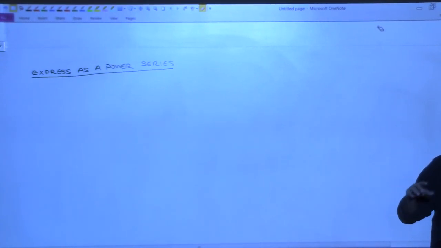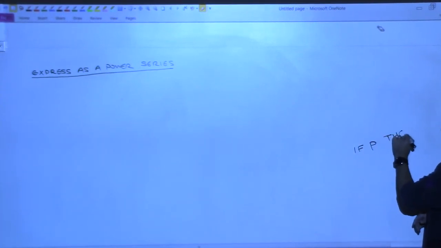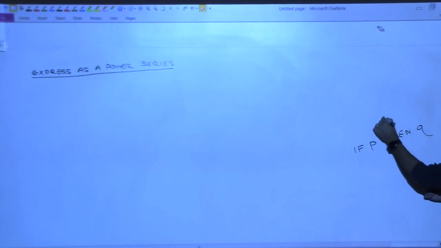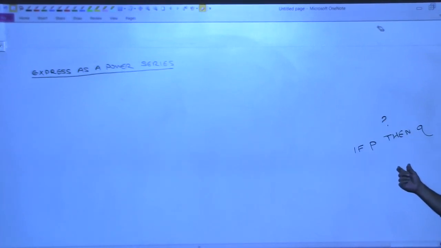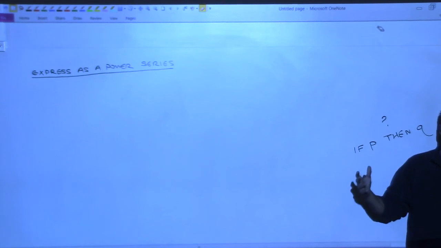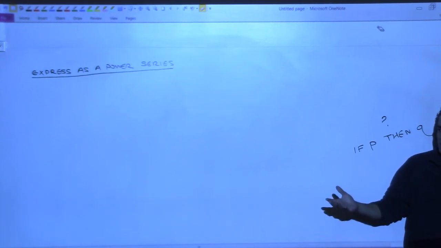In math, whenever you have a proof, like if P then Q, one way to disprove it is just to find a counterexample. So if I say right now, everybody in this room has glasses on, is that a true statement?